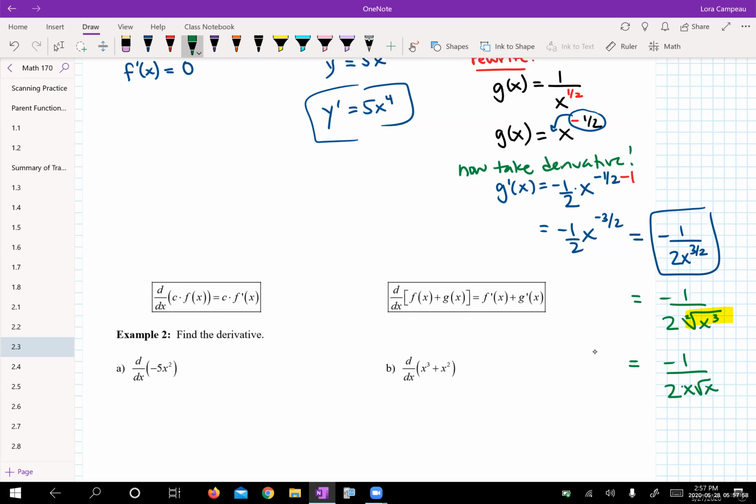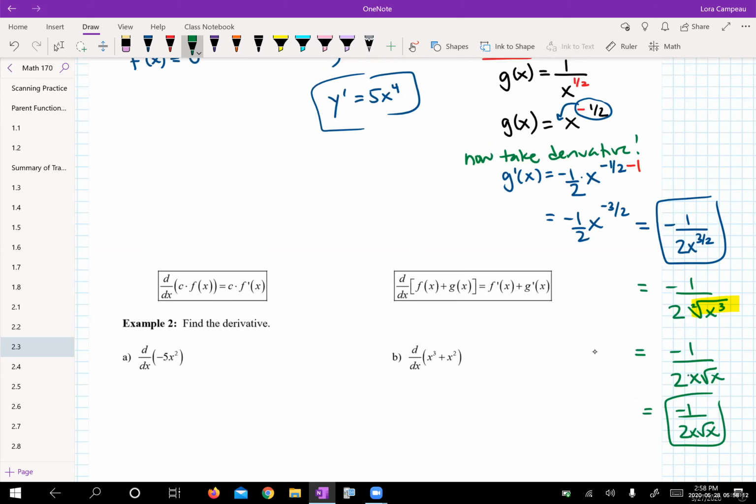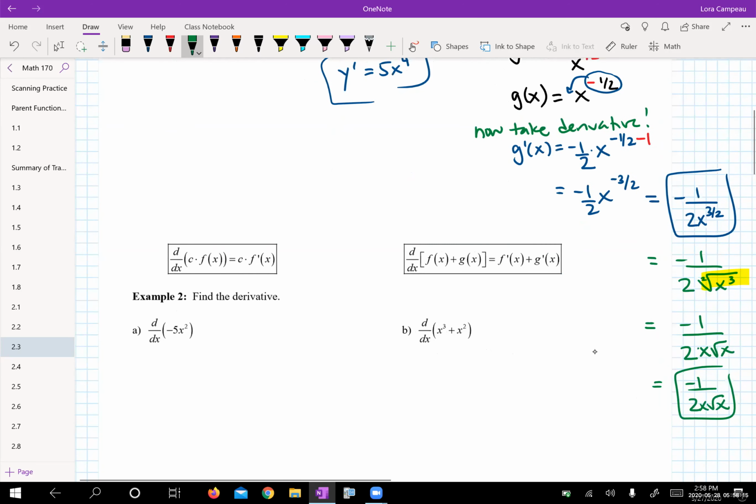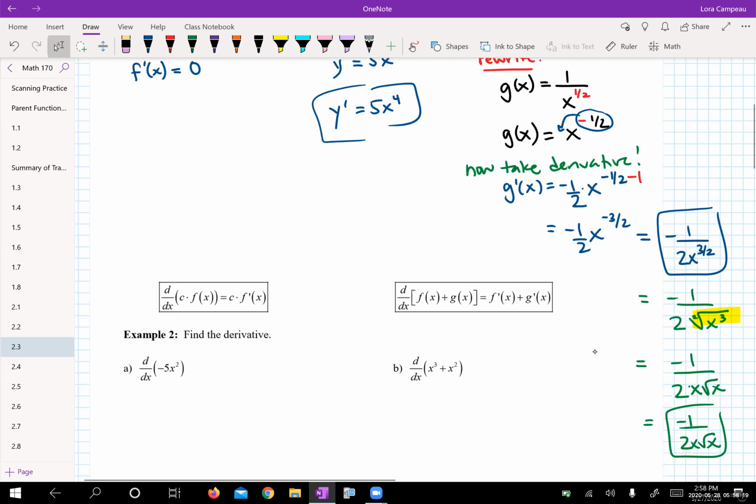So sometimes if it's beneficial, I'll make it a little prettier. Sometimes it's useful for us to simplify back to a square root, or if it started with a radical, maybe end with a radical. It depends on where you're applying this derivative.